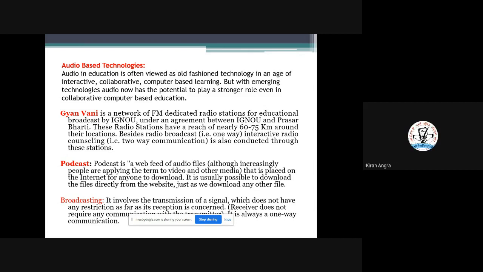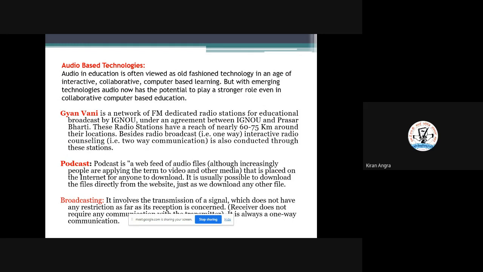आजकल आप लोग एक वर्ड सुन रहे होंगे, एप्पल में एक एप्लीकेशन भी आ रही है, पॉडकास्ट. What is a podcast? A podcast is very popular nowadays. People have launched their podcasts. What is this basically? A podcast is a web feed of audio files.